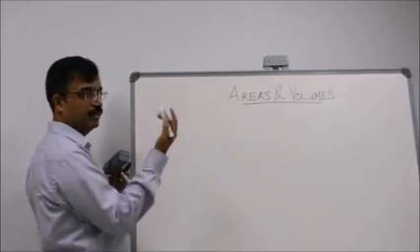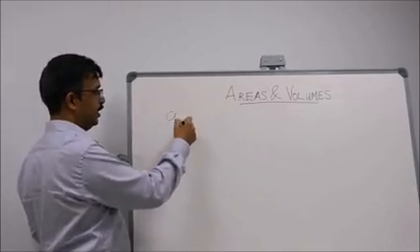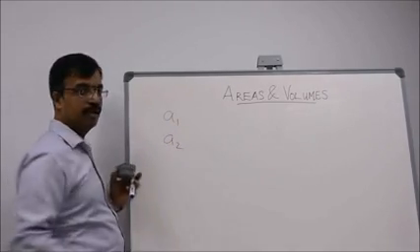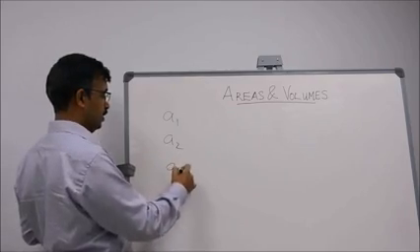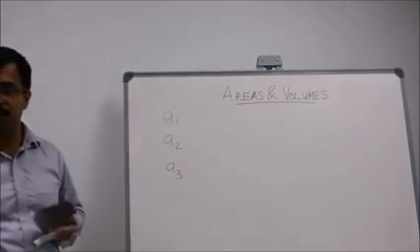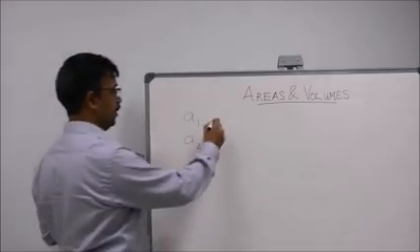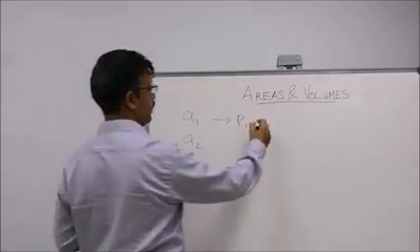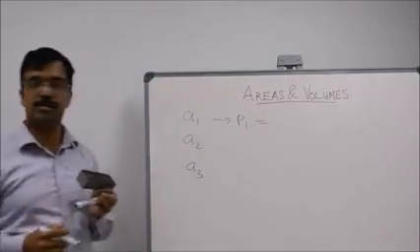So there are three squares. Let's call the side of one of them a1, the other one a2, and the third one a3. Now the perimeter of the first one is given. So the perimeter for the first one, let's call it P1, is given to be 68.